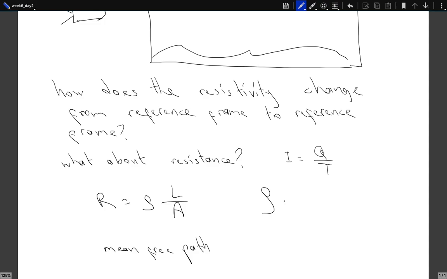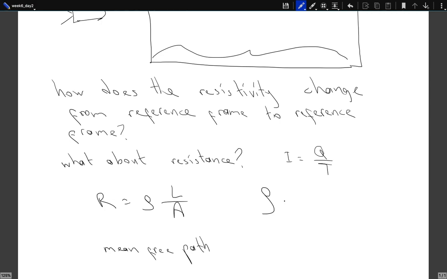So it's basically a measure of how much, we have this material, this conductor, and the electrons are moving around. Why do they lose energy? Well, they collide with the nuclei. But there will be an average distance that they can travel before they collide with something else. That is what we call the mean free path of the electron.